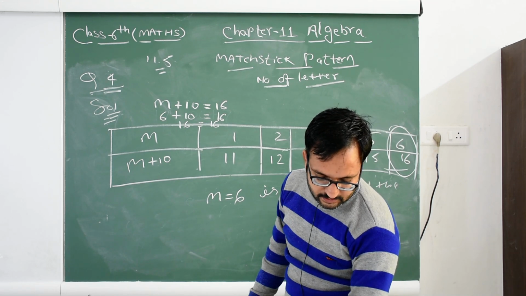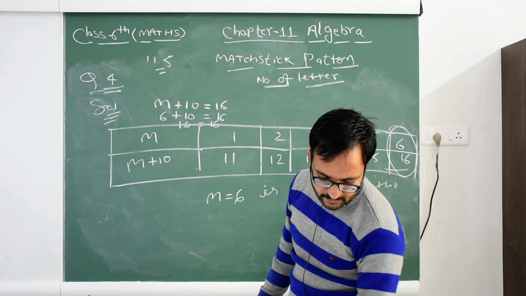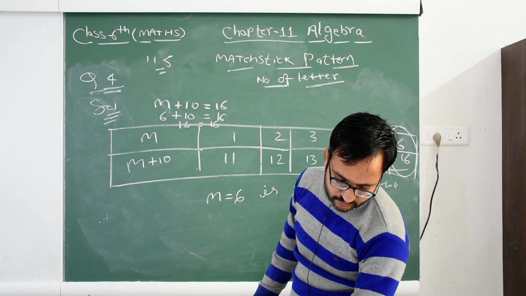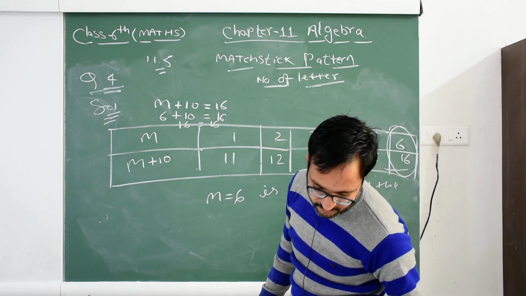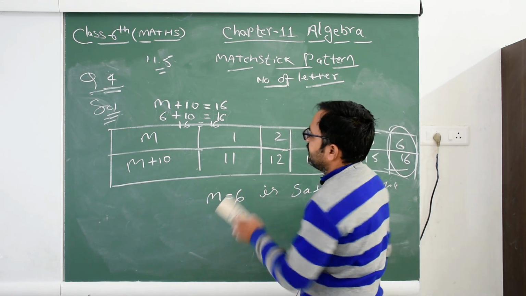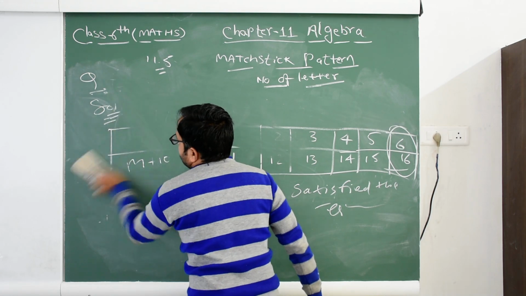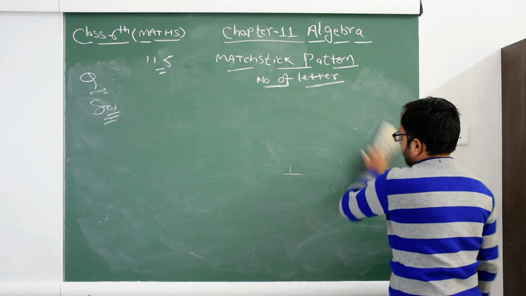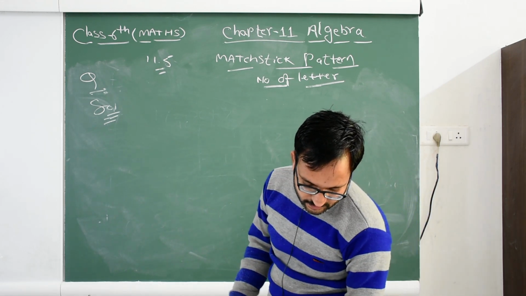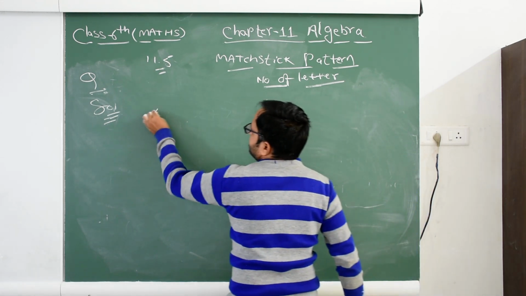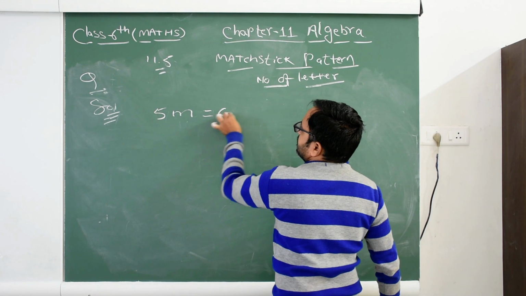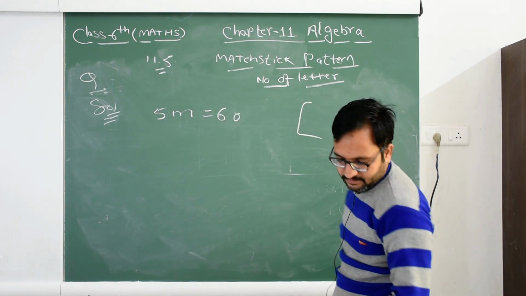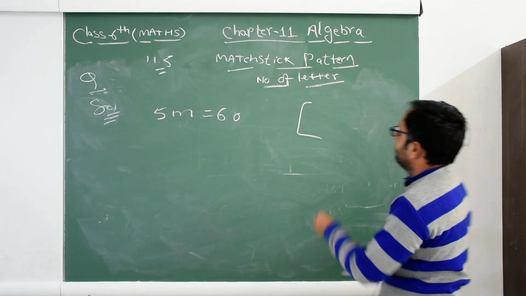Now question number 3. Pick out the solution of the equation from the values. Your equation is 5m equal to 60 and the values are 10, 5, 12 and 15.